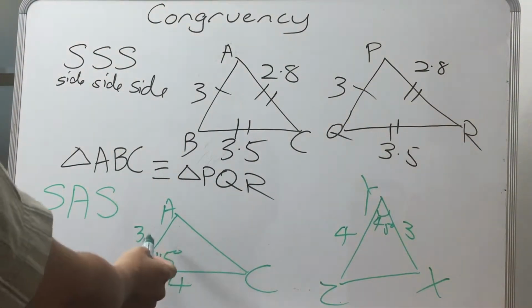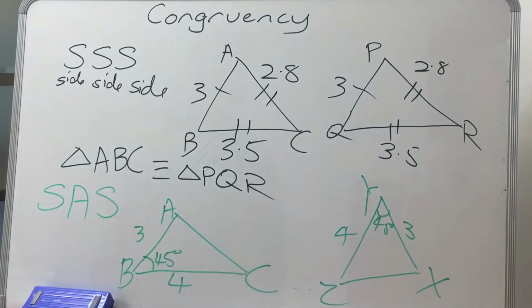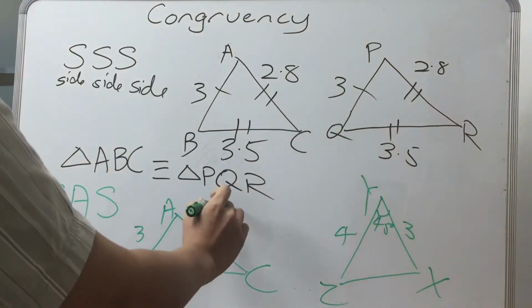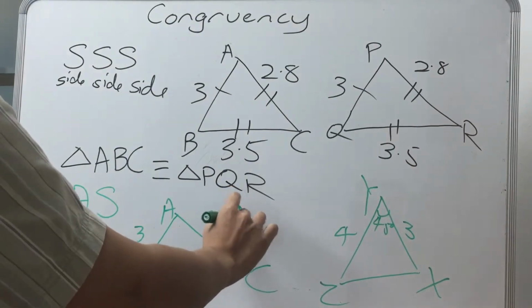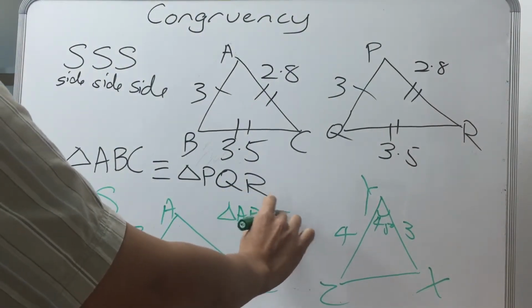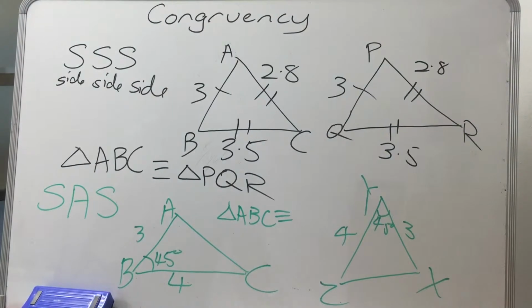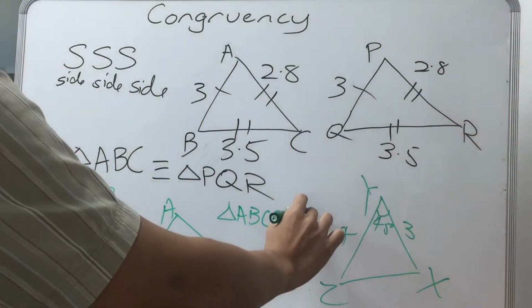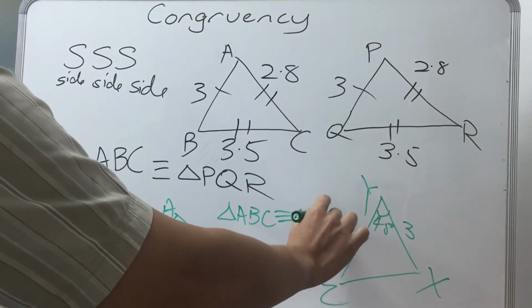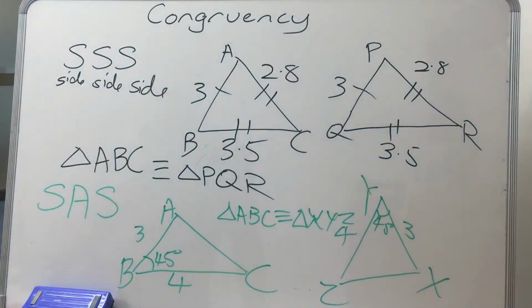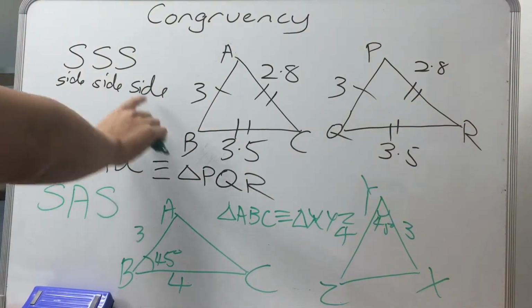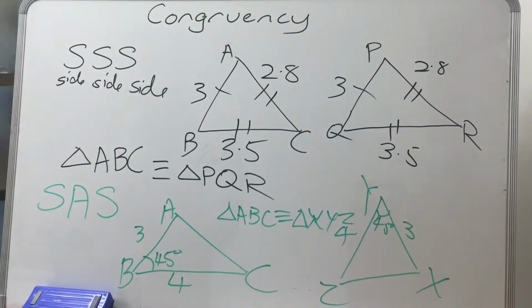So they have two sides that are equal to each other and one common angle. So we can say that these two triangles are congruent. Triangle ABC, 3 horizontal lines, is congruent to XYZ. Okay, so this is the test for side, side, side and side, angle, side.